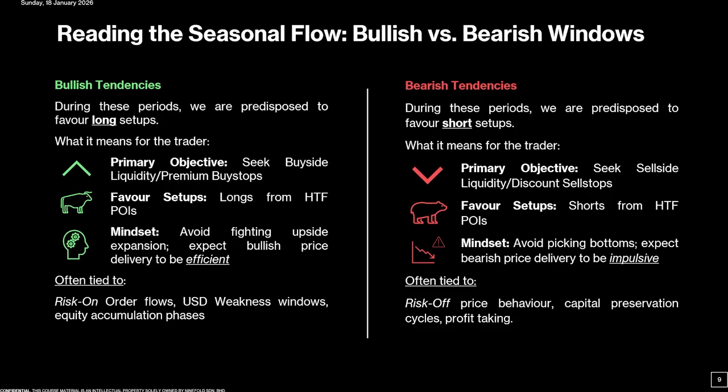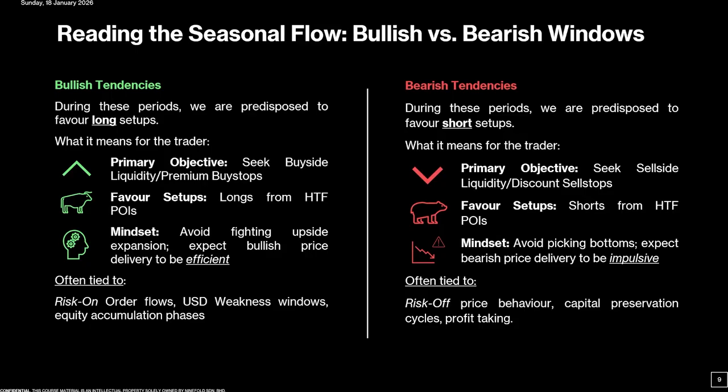And when we look at bearish seasonal tendencies, the flip side is observed. Here, markets tend to punish complacency. All of the downside price delivery that we see becomes faster, sharper, and quite aggressive, less forgiving.